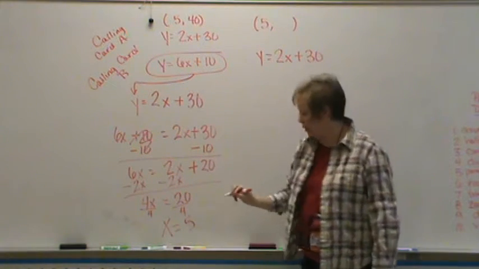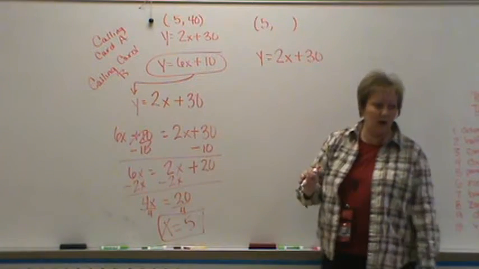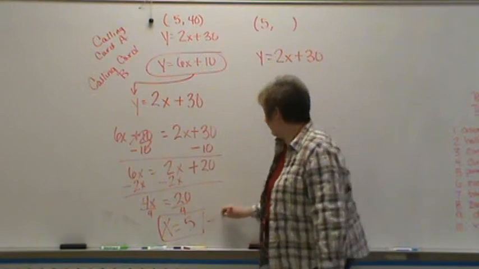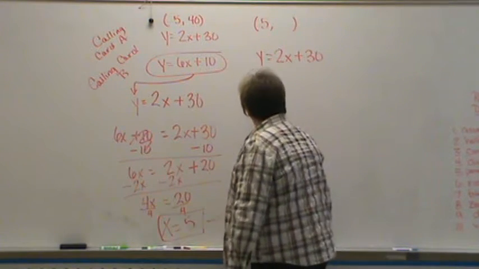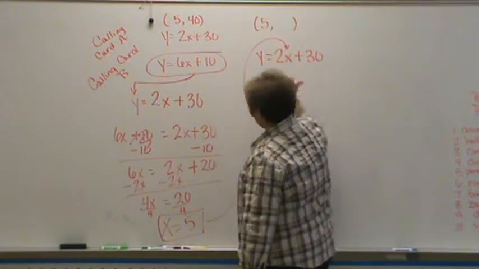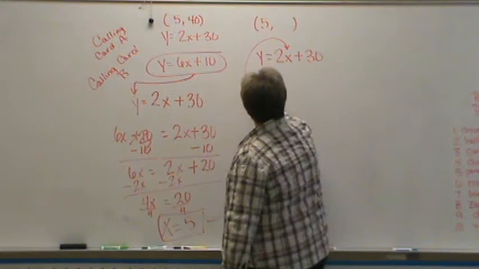Okay, now what we said we're going to do is we're going to take this that we solved for y. We solved for x. We said x equals 5. We're going to come up here and we're going to replace x, substitute x with 5.